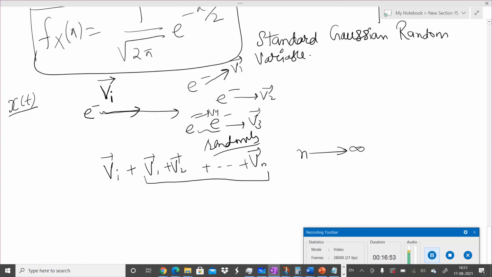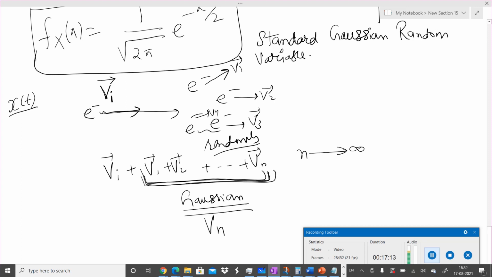So now you have an infinite number of random variables. Now you invoke the central limit theorem. It says that when you add up an infinite number of random variables, the resultant distribution will be Gaussian.